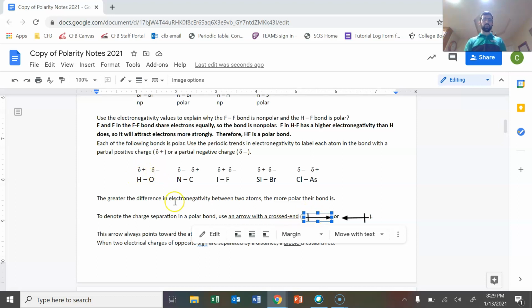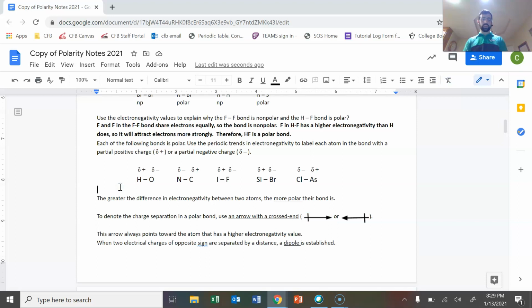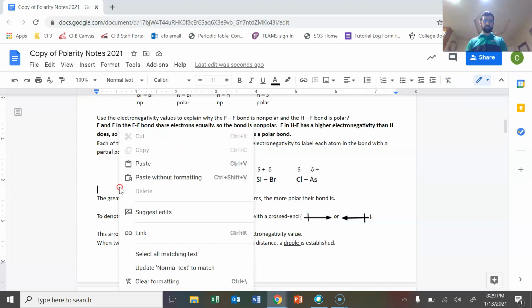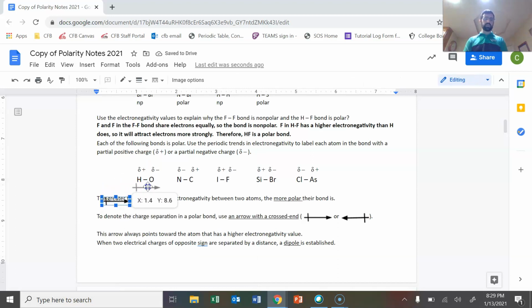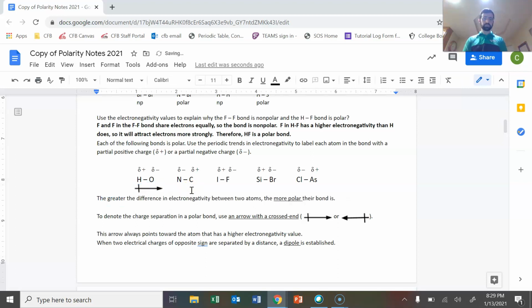That's going to mimic what I have right here. So I'm just going to paste it right here, right click and paste, or you can do Control V as a shortcut. I'm going to drag it until it fits right where I want it, right there. Okay, now this one's the opposite. Negative side is on the left, positive side's on the right, so I'm going to use this one.